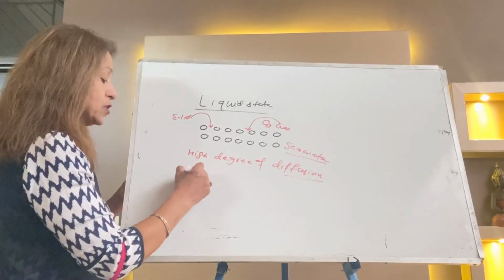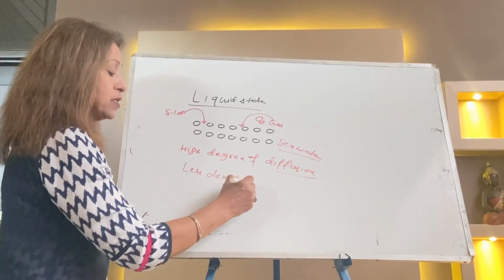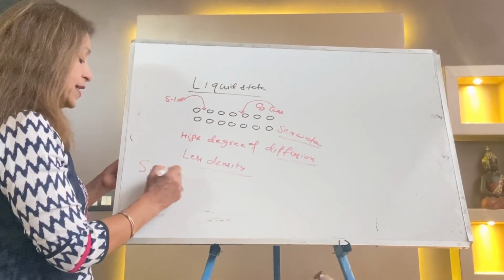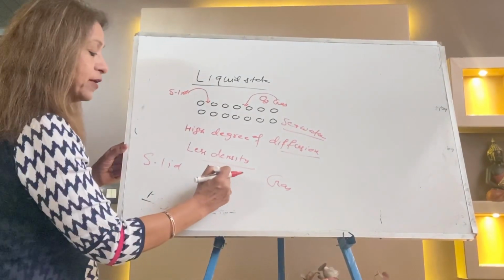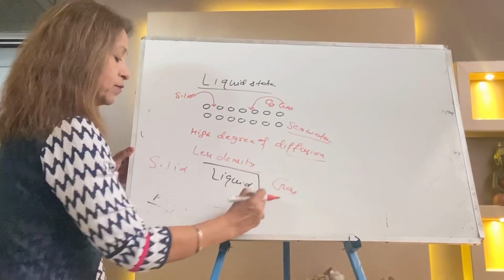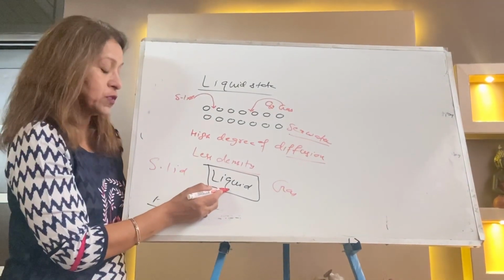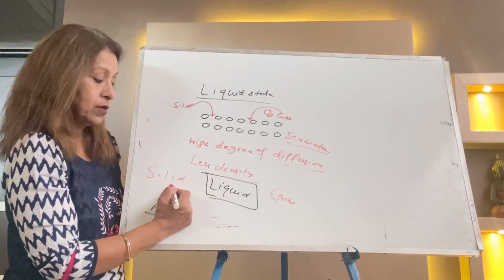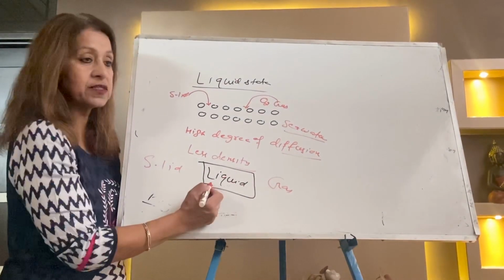Liquids have less density as compared to solid. So remember students, solid, liquid, gas, and the liquid state is always intermediate between. It has weaker forces than solid, but stronger forces than gas.